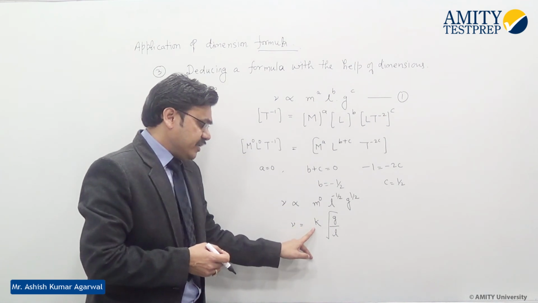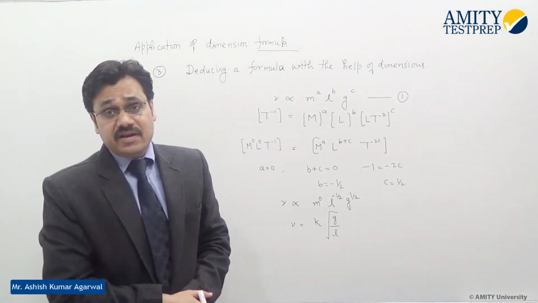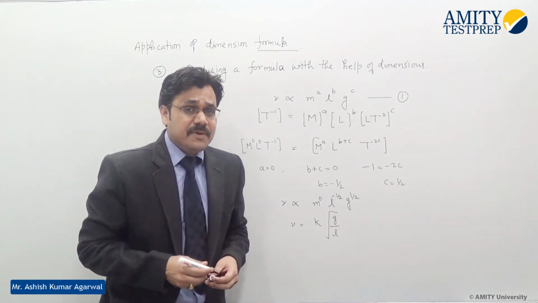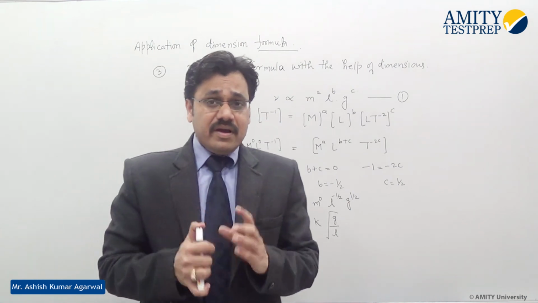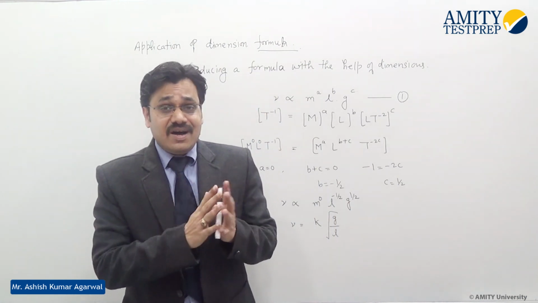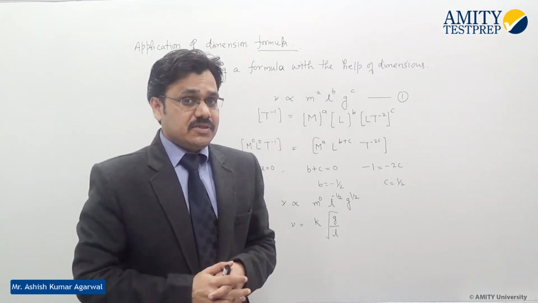Here it is worth noting, we can't find that constant value properly until we know what the value of the constant should be. So this is a limitation also. Here we have to think about what the uses of the dimension formula are and what the limitations are.